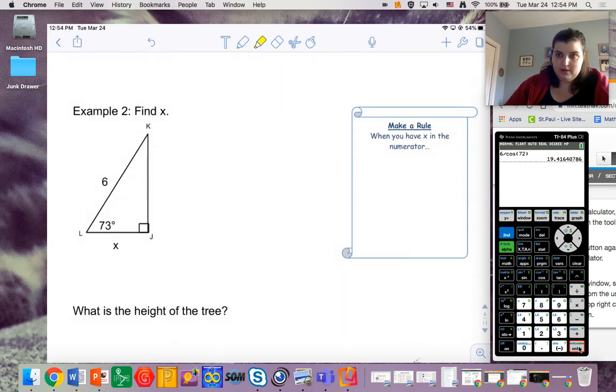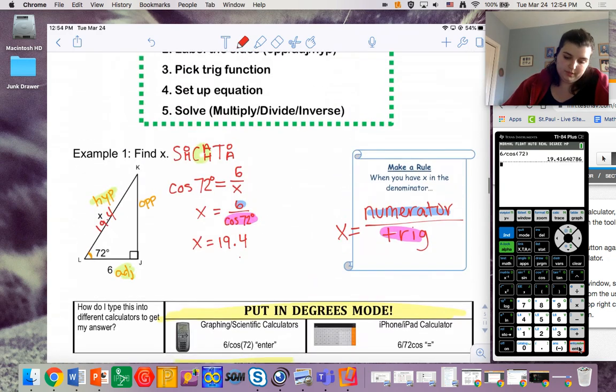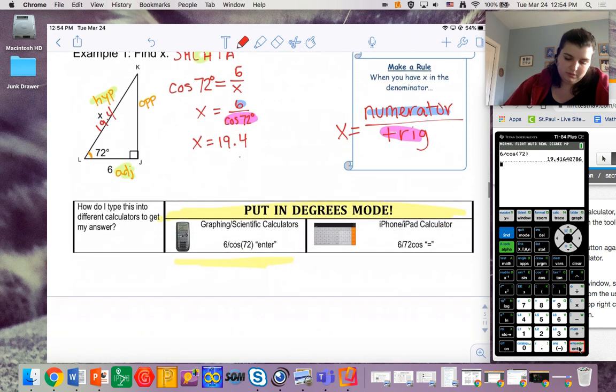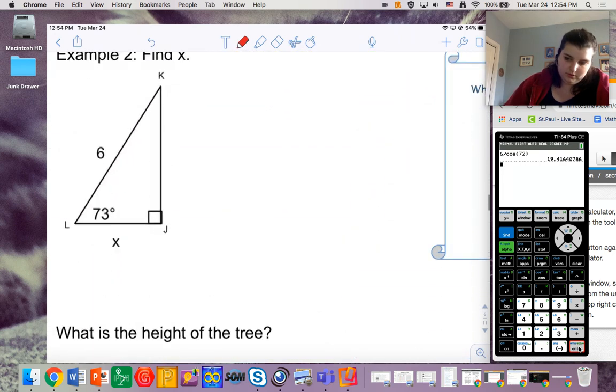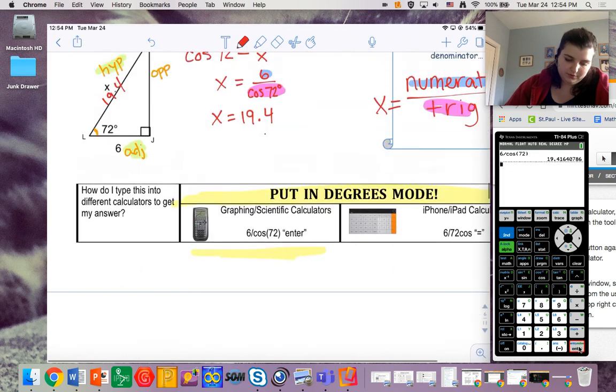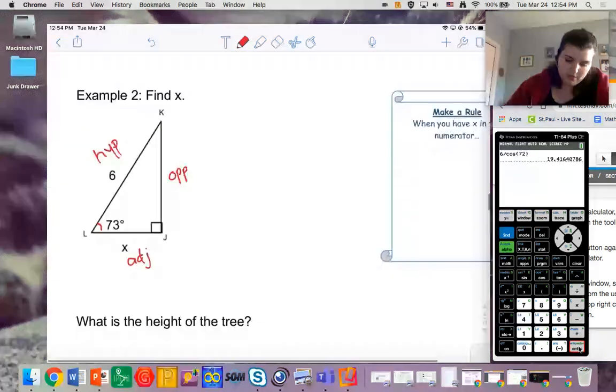And now this one should be even easier. Okay. Same steps. So we're going to mark the angle, label the sides, pick a trig function, sub in the equation, multiply by. So mark the angle, label the sides: opposite, adjacent, hypotenuse. Okay, wait, I did that right the first time, right? Yes, okay.